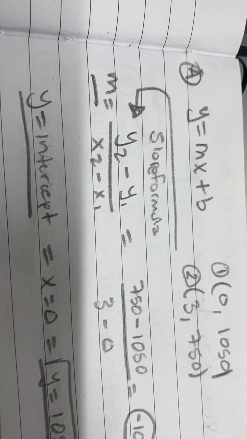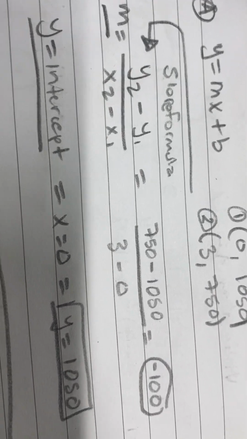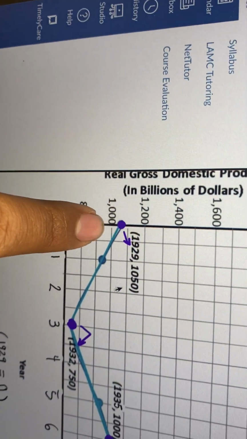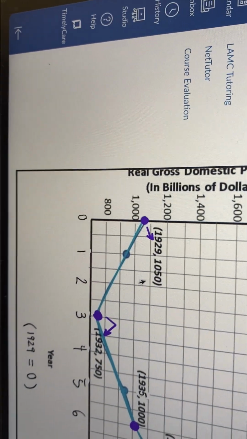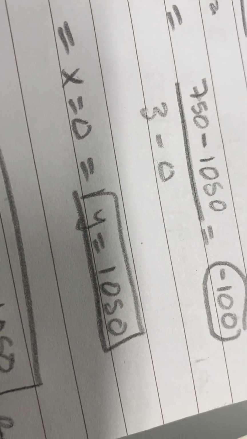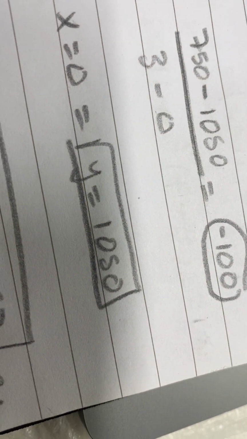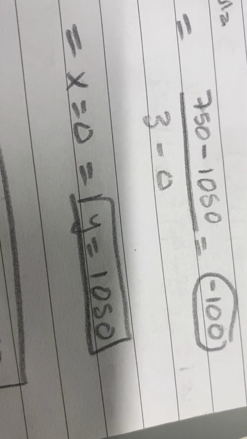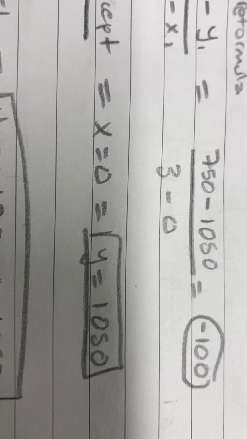And next we're going to find the y-intercept, and to do that we're going to use the value x equals 0, and that's when we get the y-intercept, which is $1,050,000,000,000 in GDP.